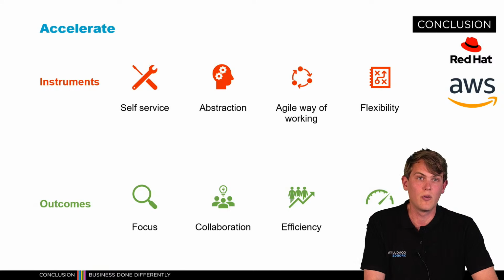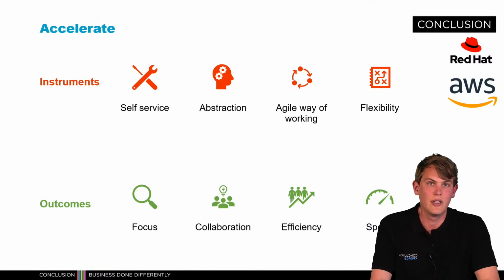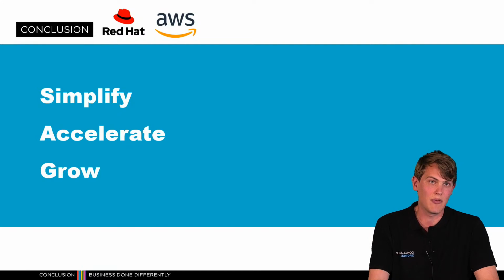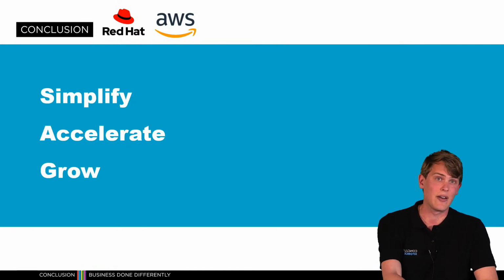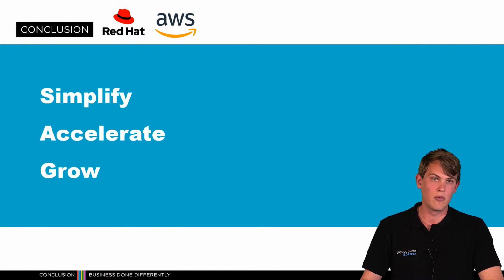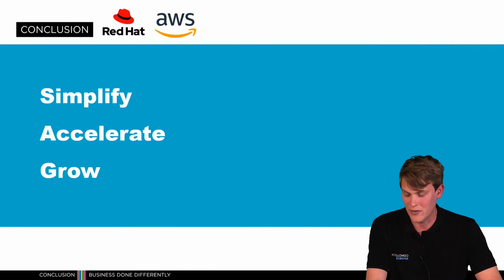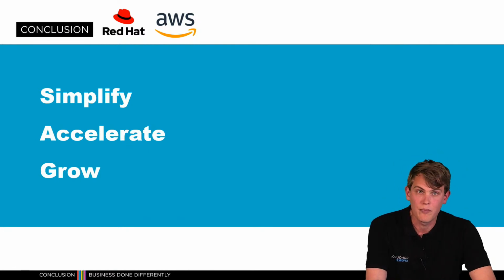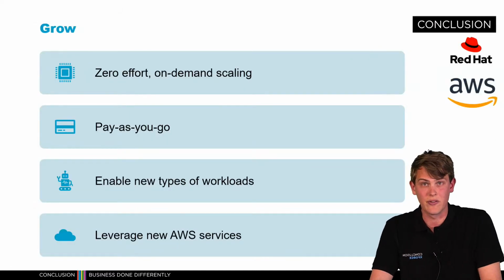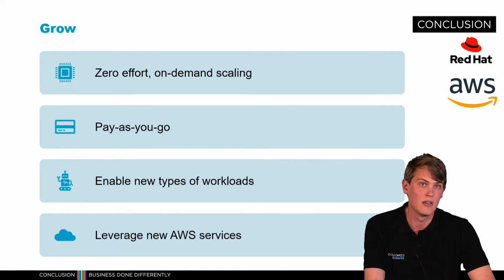And also, after you have accelerated through standardized technology, leveraging the power of AWS and OpenShift, and even more standardization, it's really easy to scale your infrastructure and your code with your business, according to your business needs. You can enjoy hyperscale advantages from AWS by leveraging zero effort, on-demand scaling.